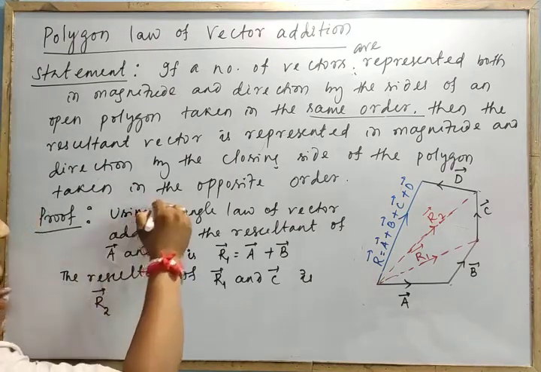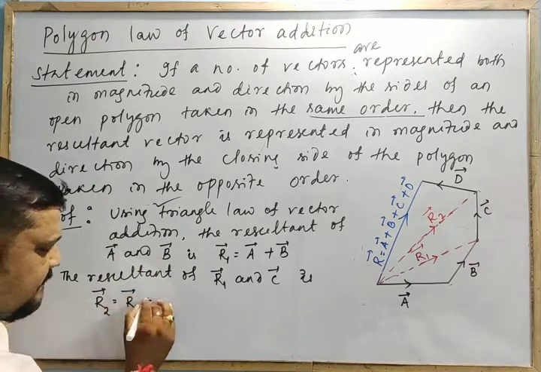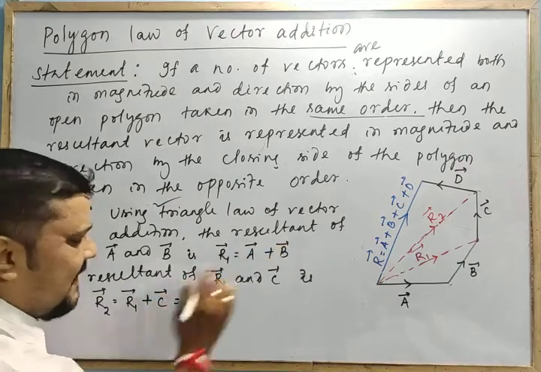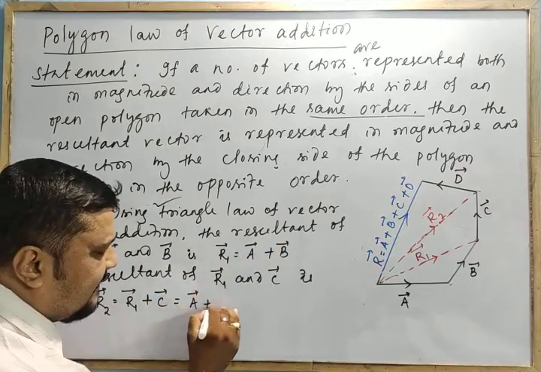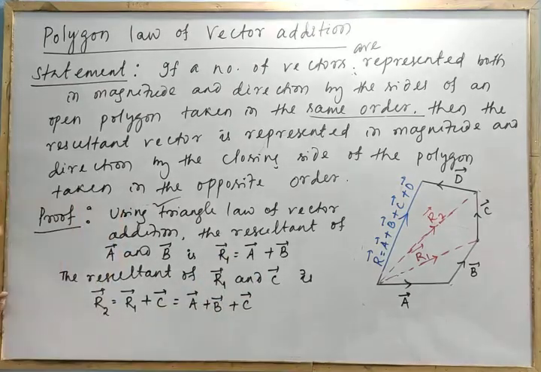According to triangle law, it is clear. R2 is equal to R1 vector plus C vector. What is this R1? A plus B. Now you put this R1, already known as A plus B. A plus B plus C. This is R2.